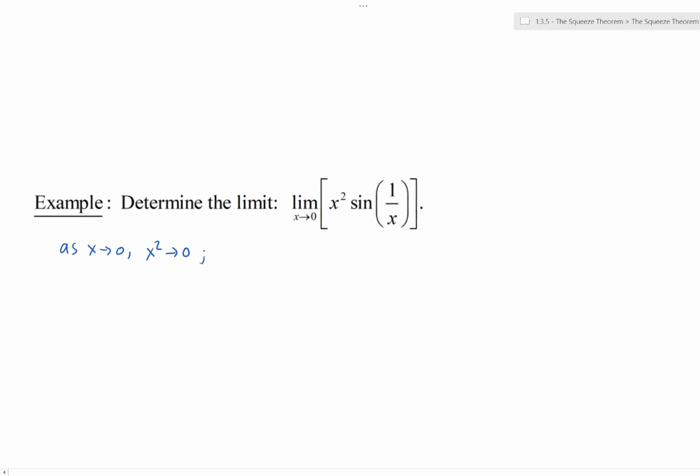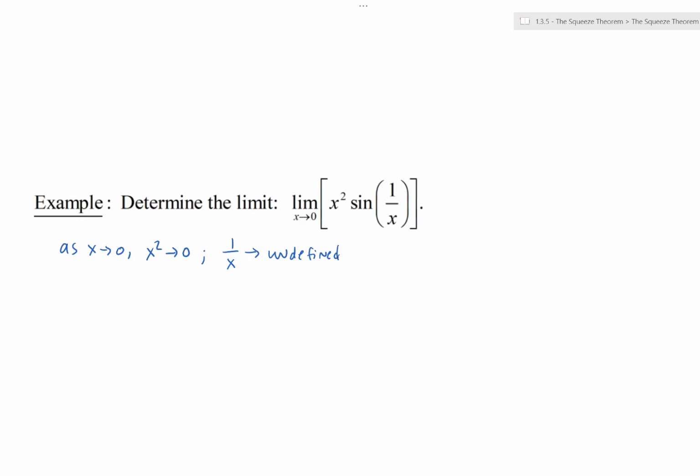And also, as x approaches 0, 1 over x approaches an undefined number. In fact, it blows up to infinity or negative infinity as we get really close to x equals 0. The concept of limits going to infinity or negative infinity is in an upcoming video, so I don't want to explore that idea right this second.